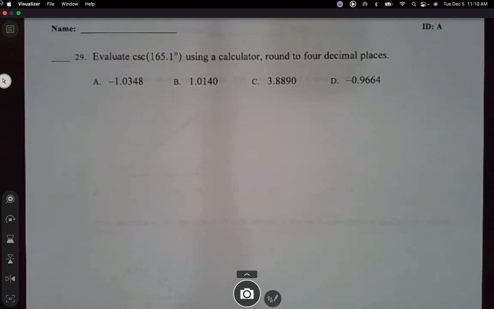That's the inverse. So you just do sine of that, then put it to the negative one. Did you get C? Everybody got C? What button do I press to do the negative one? You did sine of that, close your parentheses, and then there's a little inverse button. That's it.